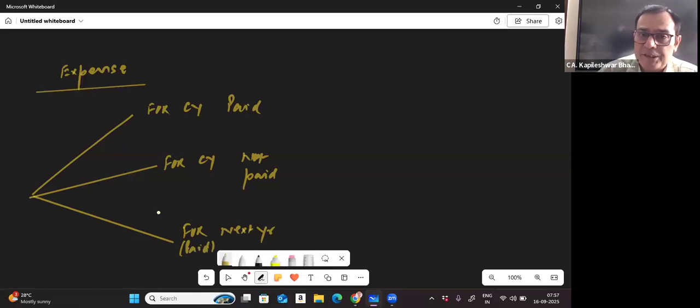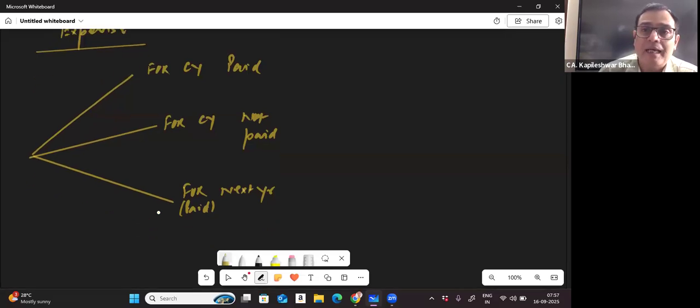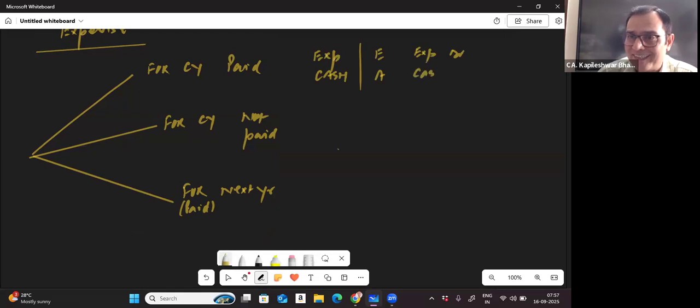So when it is paid for the current year, I'll definitely book the expense. Paid means there is cash. Expense is expense, of course, cash is asset. So debit all expense, expense will always be a debit, and cash will be credit by default. So salary debit, cash credit.